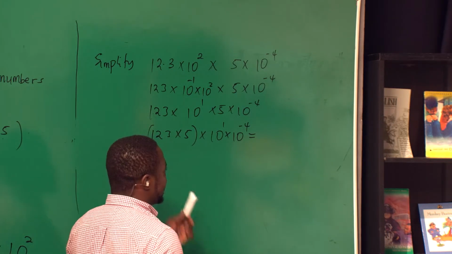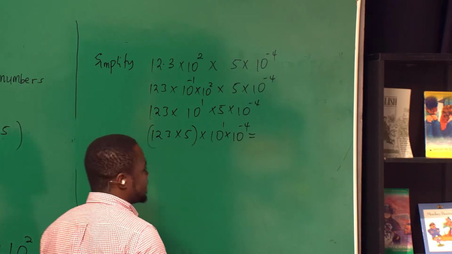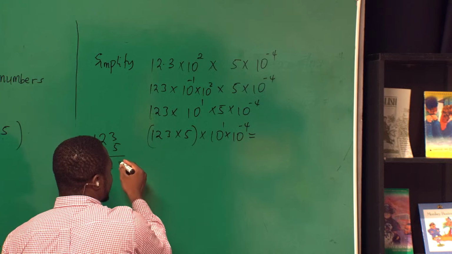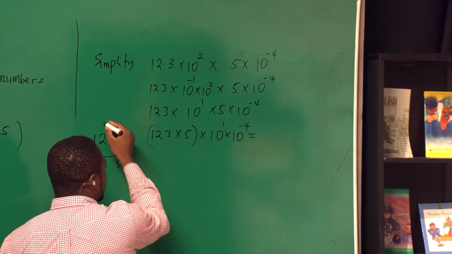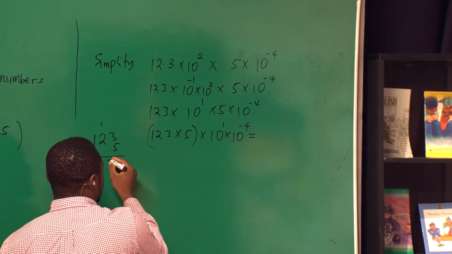Tawfiq, we are now to multiply 1, 2, 3 by 5. Let's do that. 3 times 5 is 15. Okay. So you write 5, carry 1. 5 times 2 is 10, plus 1. So 11.